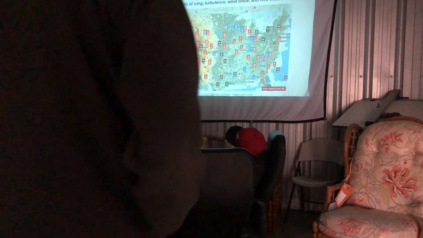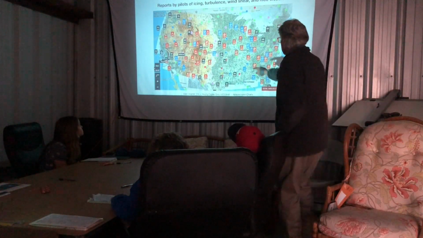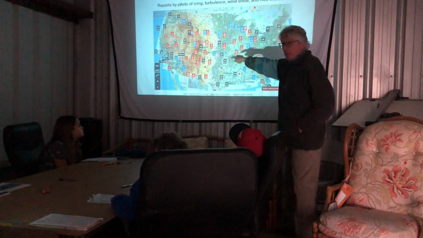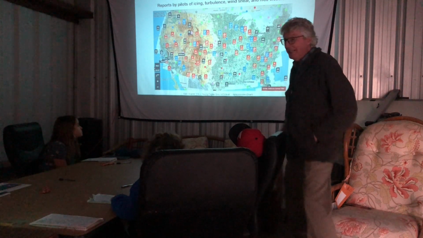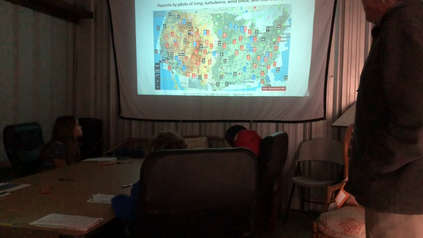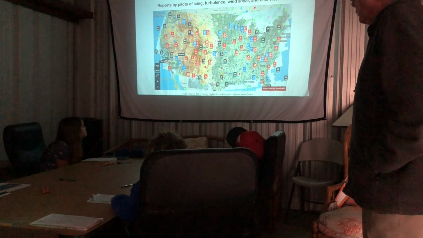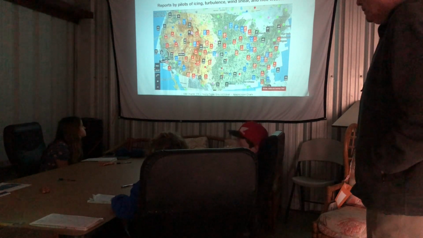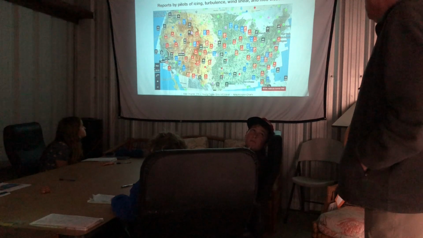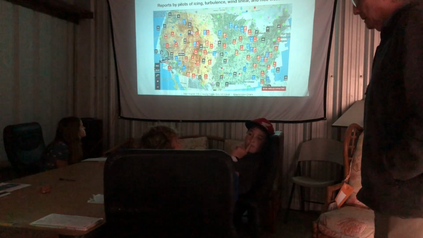And you see the little eyeballs with the exclamation marks? That means, oh man, that was really bad. You should really look at this, because on my descent I encountered wind shear, or extreme turbulence, or whatever. So that's letting other pilots know.